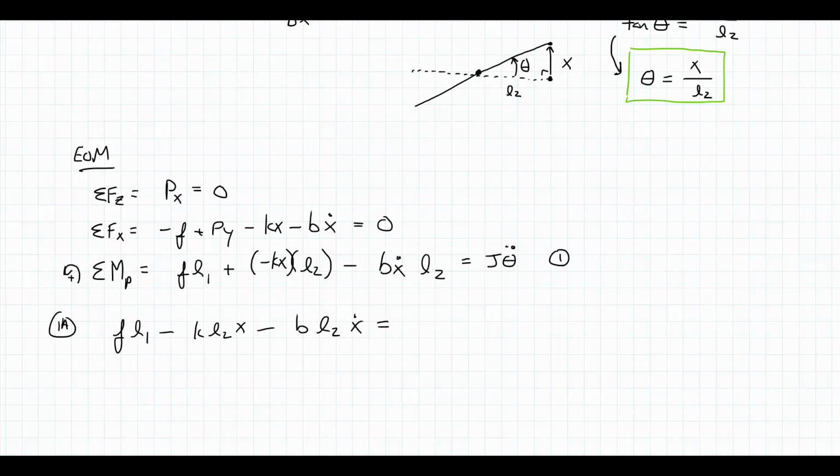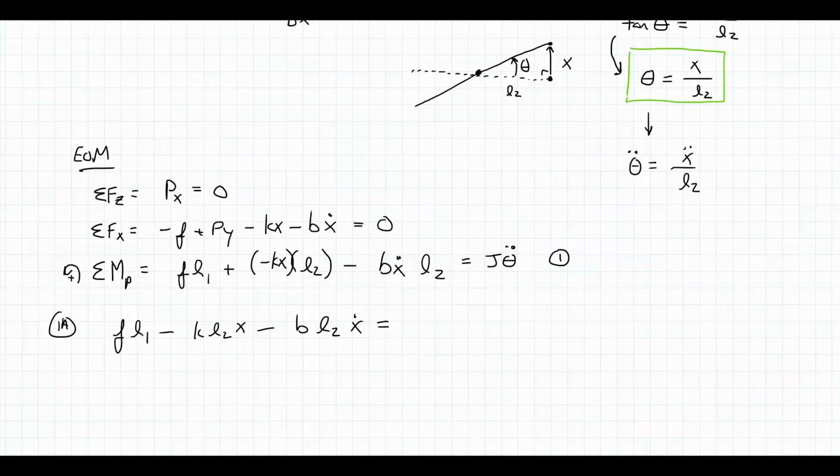I can take two time derivatives here. I'll show the step there. And I will get x double dot over L2. Because L2 is a constant, the first and the second derivative are going to look like this: theta dot equals x dot over L2, and theta double dot equals x double dot over L2. If L were not constant, if that length could change in time, then I would need to use the quotient rule and it would get more complicated.